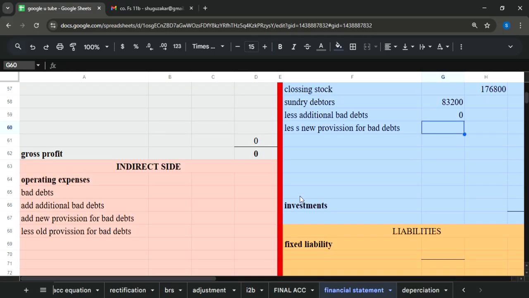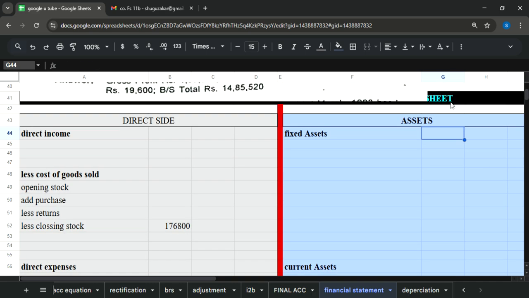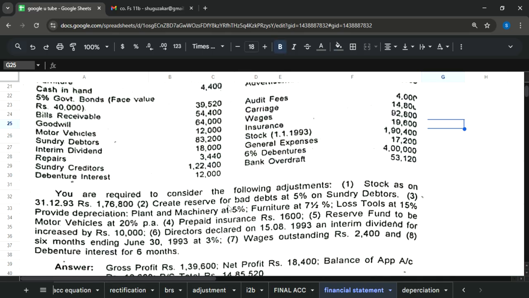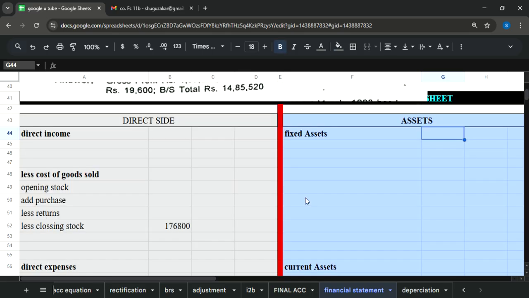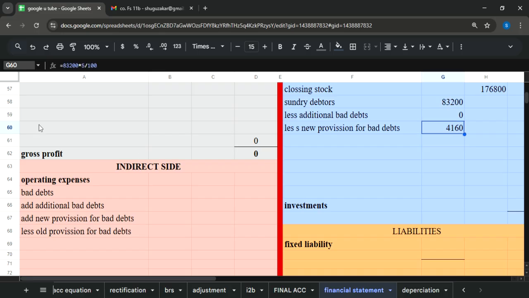So what you will do, simply you will calculate 83,200. This is the amount of your debtors, and then you will take 5% which was asked in your adjustment. Look at here, bad debt provision 5% on debtors, and here note over 83,200 amount of debtors, and then you have taken 5%.